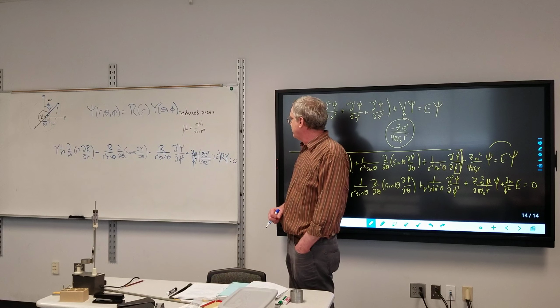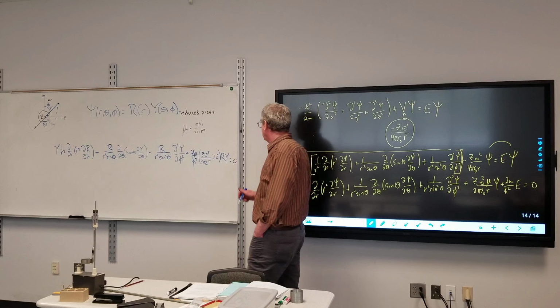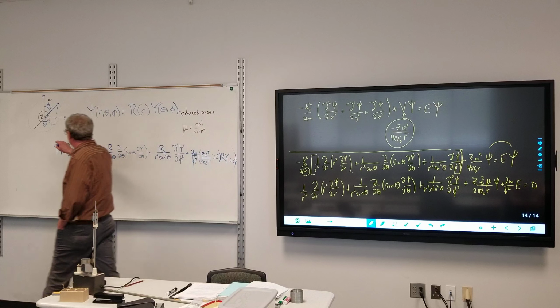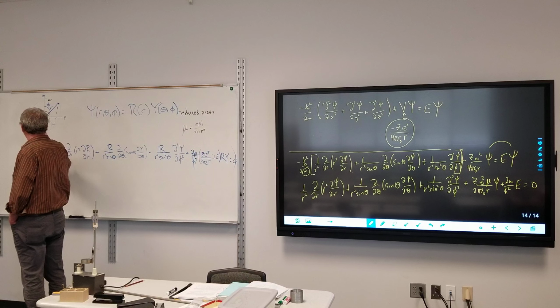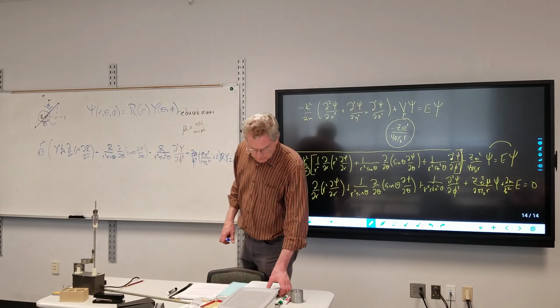So I need to somehow get rid of that. So what I'm going to do is multiply everything by little r squared over RY, just to get it into the right form.